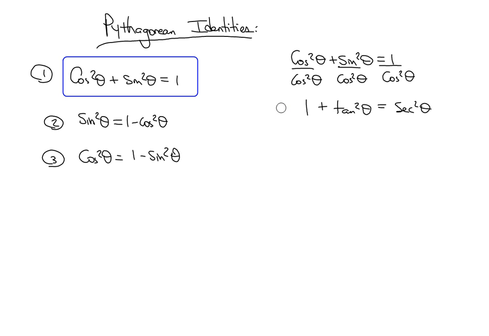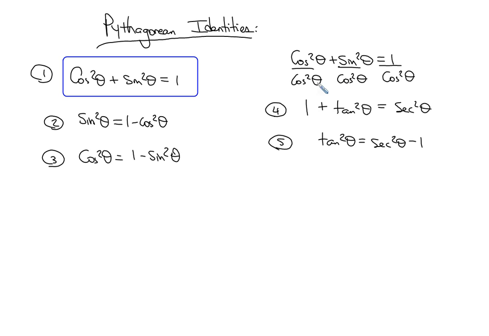There's identity number 4. Now, if I wanted to, guys, couldn't I subtract the 1 to the other side? So there's tangent squared theta equals secant squared theta minus 1. There's another identity. So if I see a secant squared minus 1, I can take it out and put tangent squared in its place. And vice versa when we're doing trig proofs or simplifying.